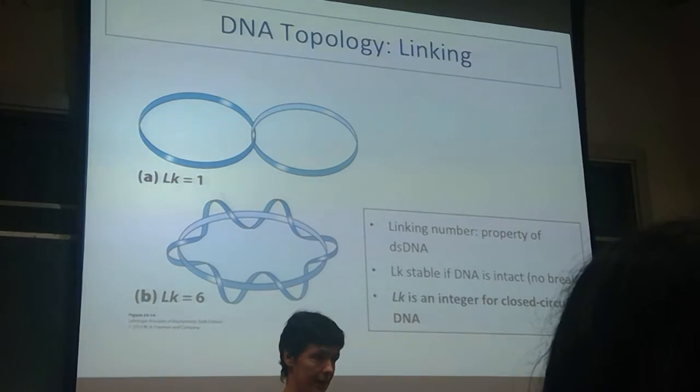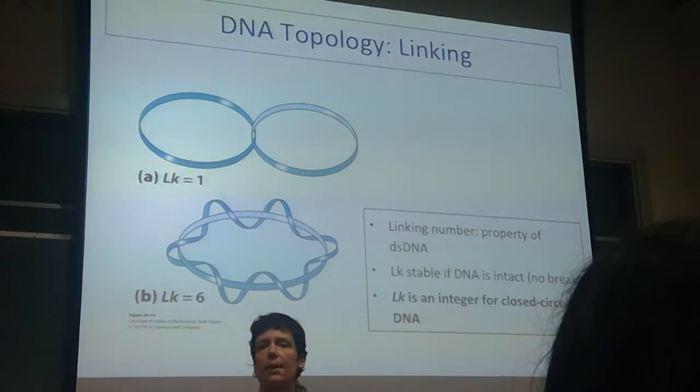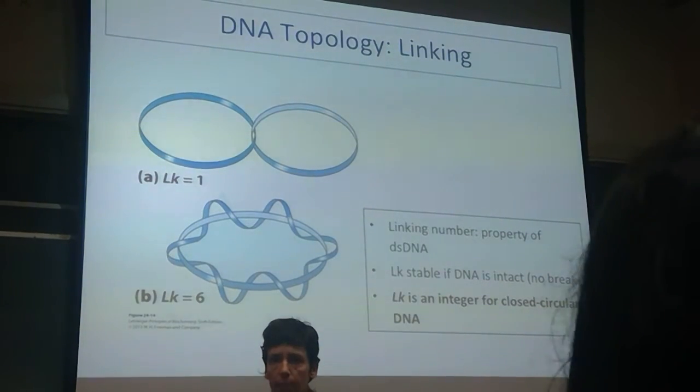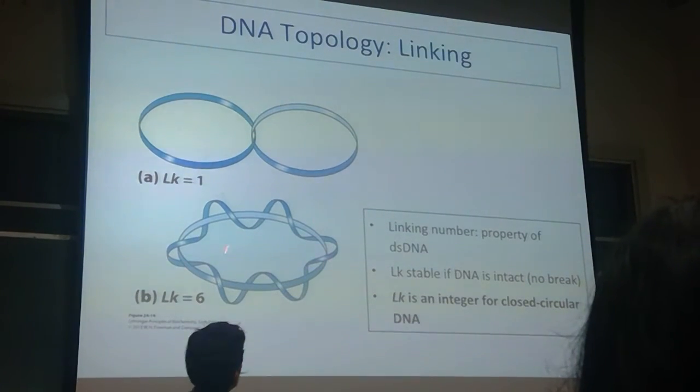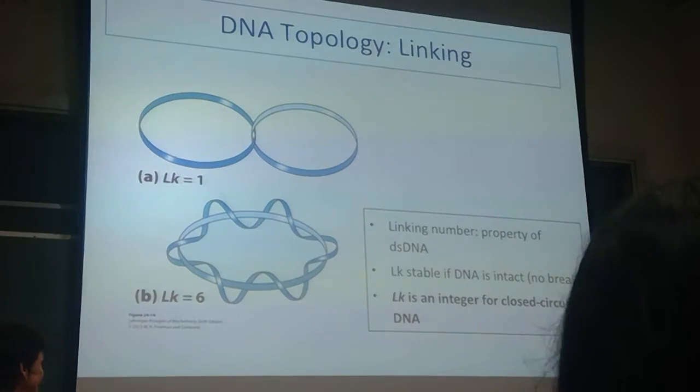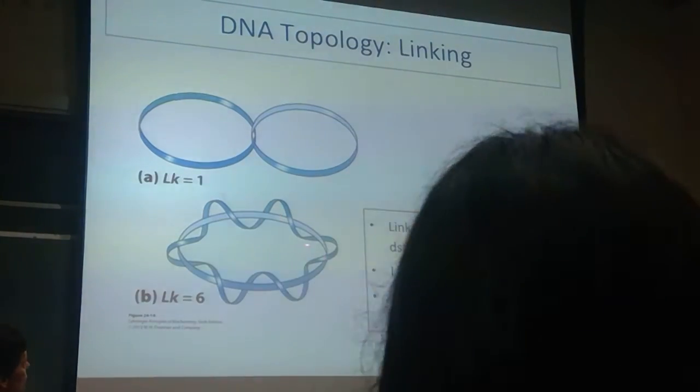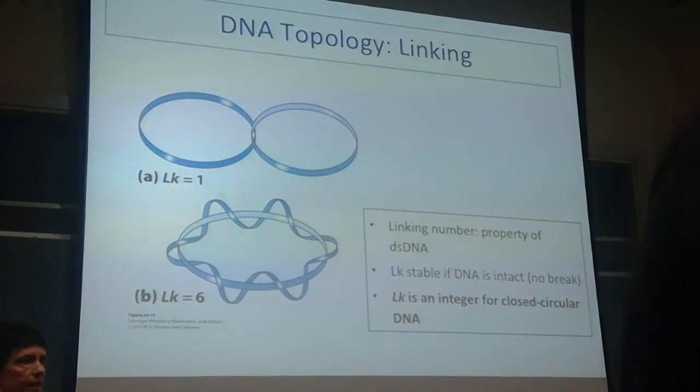Linking number 1. Obviously, it doesn't happen that way. That plasmid is 2 strands of DNA making a helix, so you have many more linking numbers. So 1, 2, 3, 4, 5, 6 linkings. So 6 times one strand goes over the other strand of DNA.